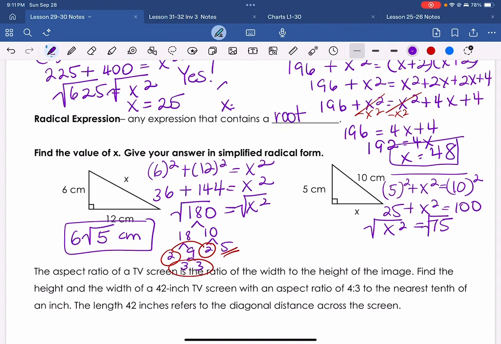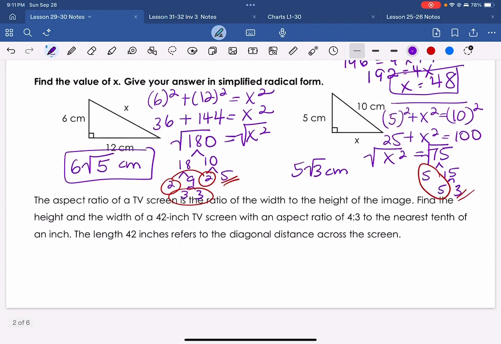We notice that it's not simplified. So we have here 5 times 15 is 75. And then 5 times 3. Well, there's a pair of 5, so 5 comes out, but this 3 has to stay in. So our answer is 5 root 3 centimeters.